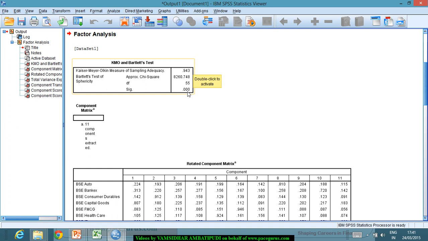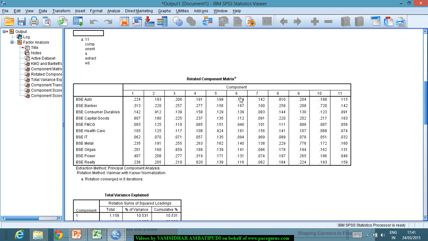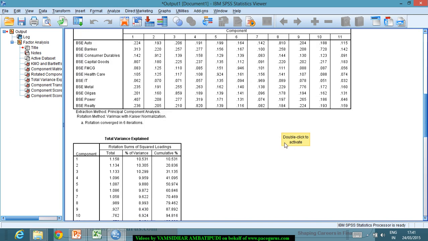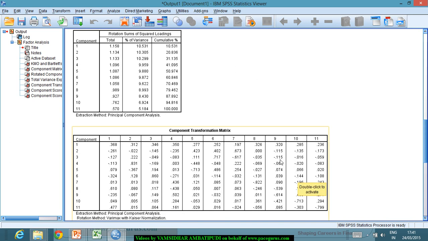And a significance level of less than 0.05 is indicating the sufficiency of the factor analysis for this particular model.